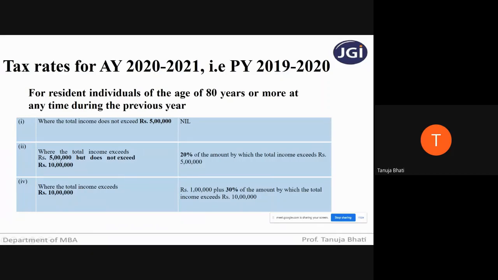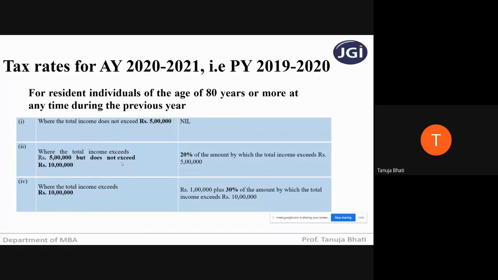Where his income exceeds 5 lakh but does not exceed 10 lakhs, he needs to pay 20% on that amount. And where the total income exceeds 10 lakhs, he needs to pay 30% tax. So in case of a super senior citizen, up to 5 lakh, no tax.